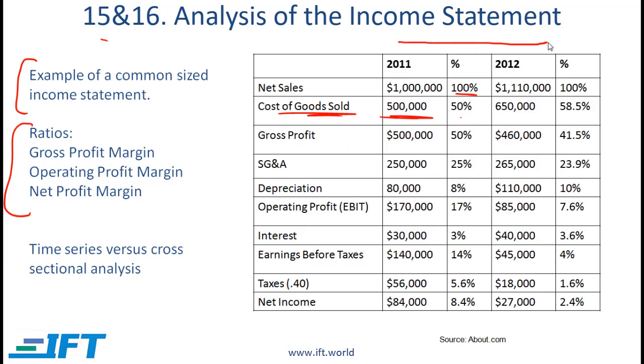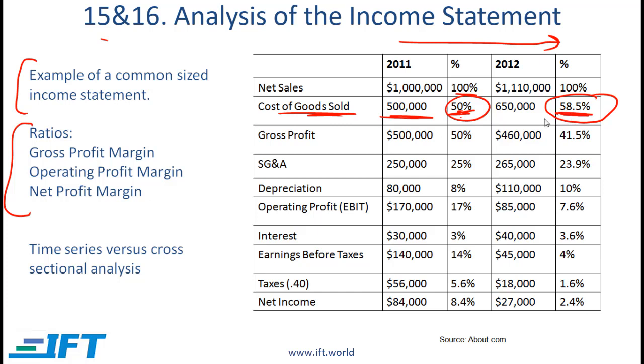Then if you do a time series analysis of the company, look at how numbers are changing over time, notice that cost of goods sold went from 50% of net sales to 58.5%. So this means that cost of goods sold is actually increasing quite a lot. Perhaps suppliers increased their cost.